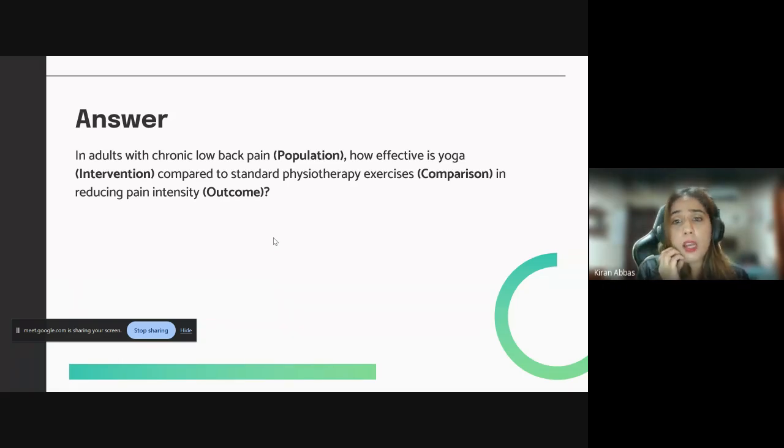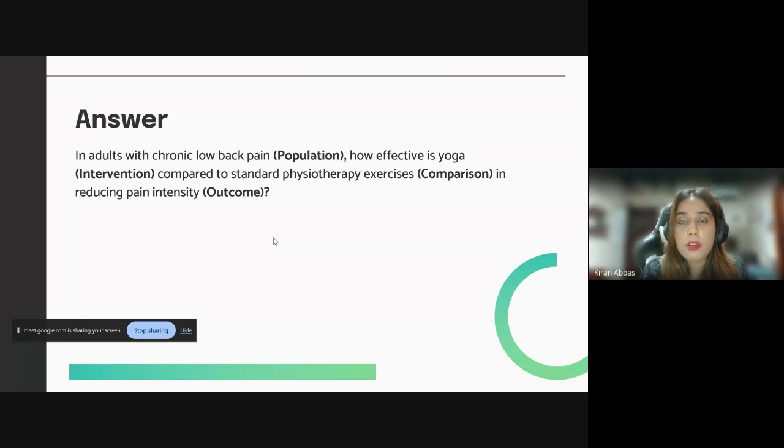But one thing that I would suggest is that when you're doing your in-class assignment, you should try to focus your population on adults with a specific disease or disability, and then see which intervention will be better, right?